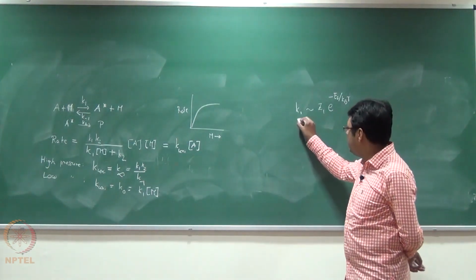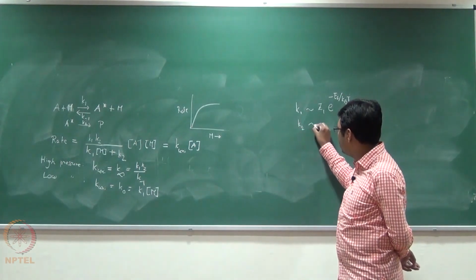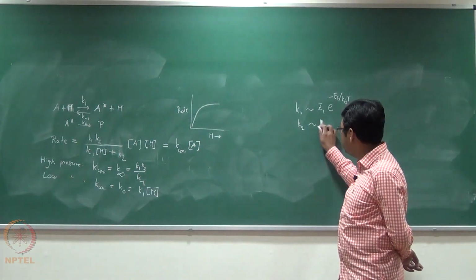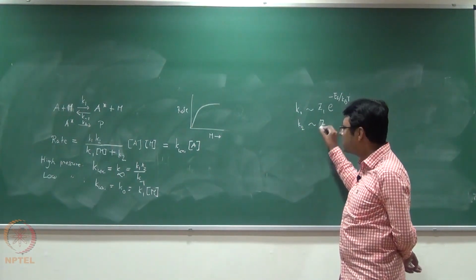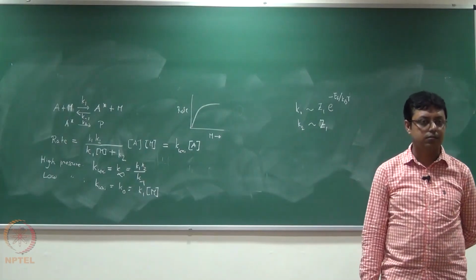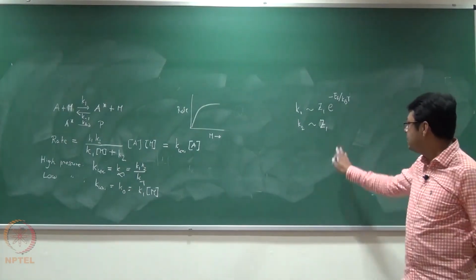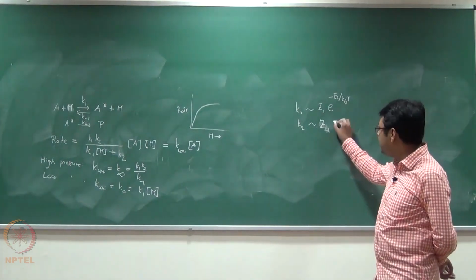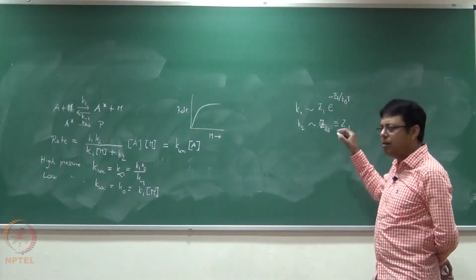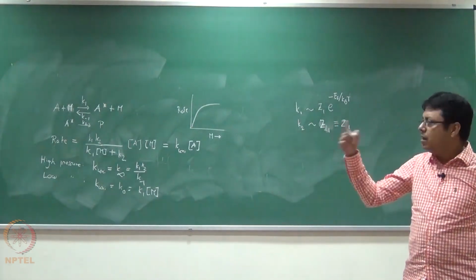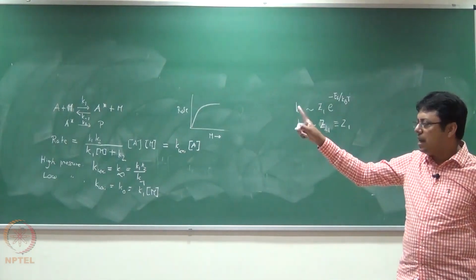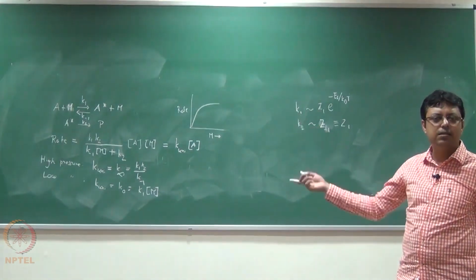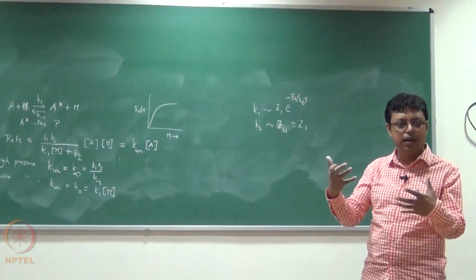But the deactivation part, see, deactivation is a de-energization part, right? So basically I can write it as Z minus 1, but Z minus 1 and Z plus 1 are the same, because forward or reverse, it is basically collision between A and M or A star versus M, but it doesn't care, it's a kinetic energy thing, right?